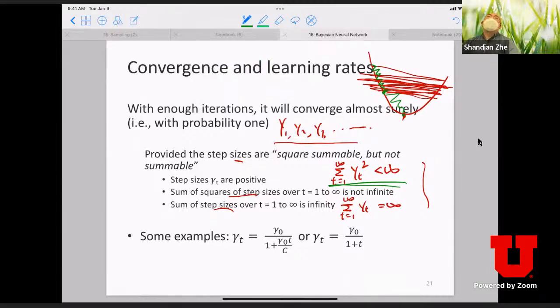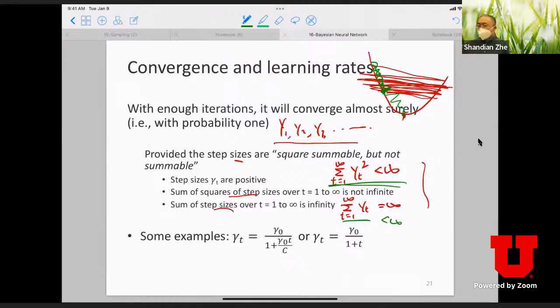It won't be bounded. But you shouldn't make it too small. Make it too small, that means the sum is bounded, and then with probability 1, your update will just stop in the middle. You won't go further. Any question about this intuition? Everyone is comfortable with this?